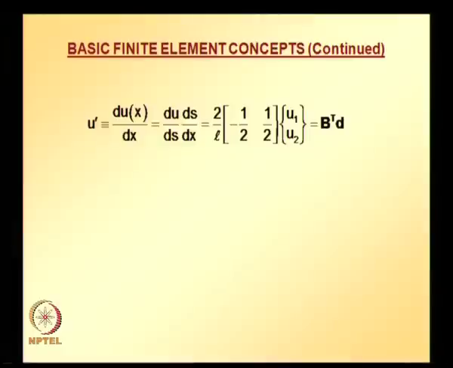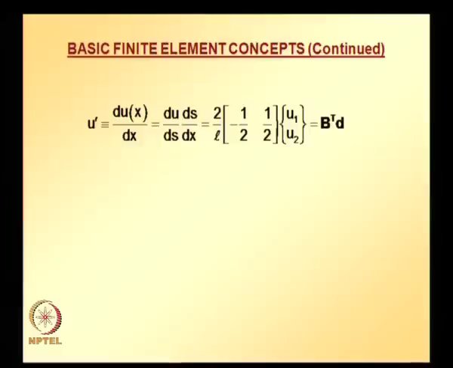That B transpose, if you see, relates a strain like quantity, derivative of u, on one side, and on the other side you have d, the nodal parameters. So it relates the strain like quantity to the nodal values, and this equation is called the strain displacement relation.